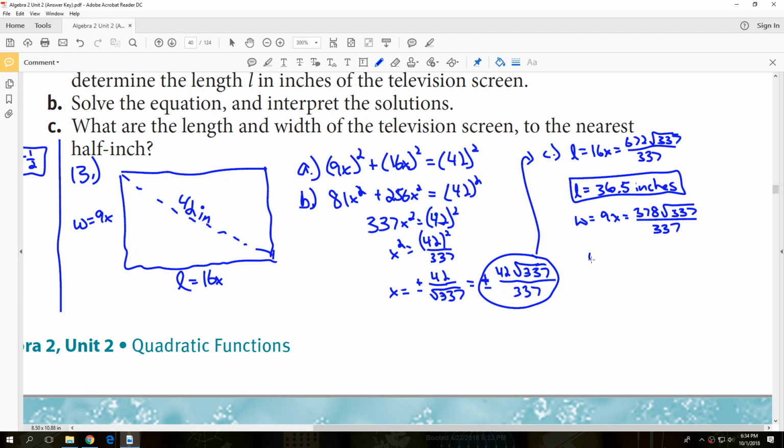So that means that the width is equal to, let's plug that in, 378 times the square root of 337 divided by 337. These are pretty hairy numbers, so make sure you plug them in correctly. So that is equal to 20.59, so 20.5 inches.